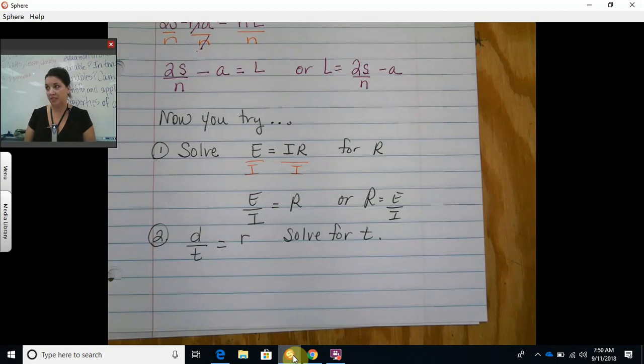Standardized tests love problems like these. These literal equations, you're going to definitely see these.